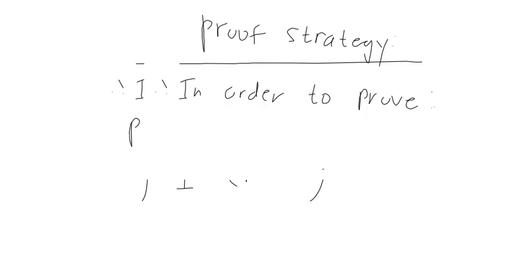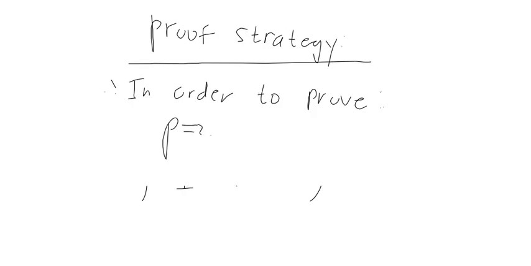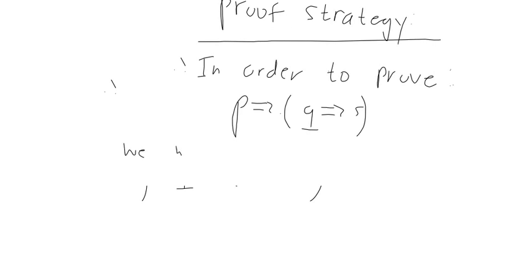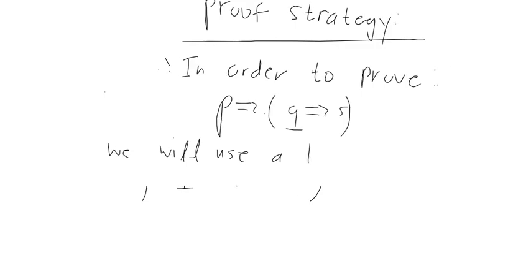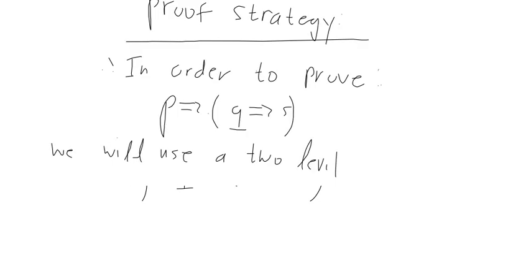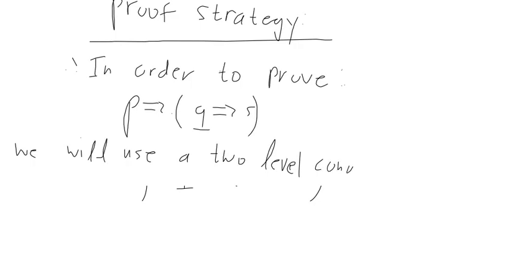So, P implies, in parentheses, Q implying S, we will use a two-level conditional proof.